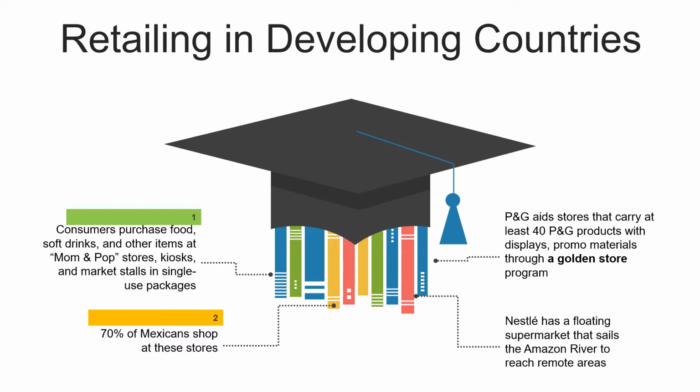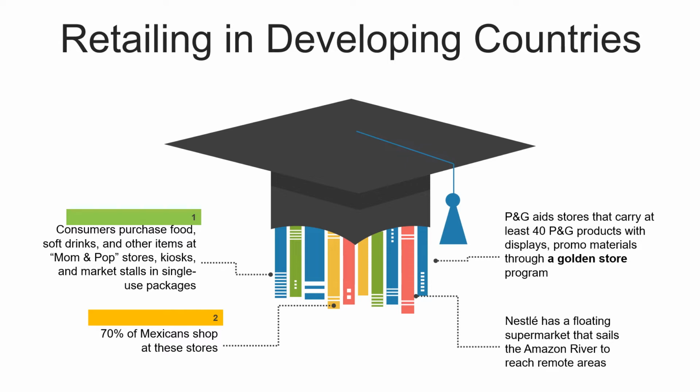The product offerings, including shampoo, disposable diapers, and laundry detergents, are packed in single-use quantities at a relatively high per-unit cost. Brazil's middle class is growing rapidly, but changing customer behavior in rural areas can be a challenge for global marketers.